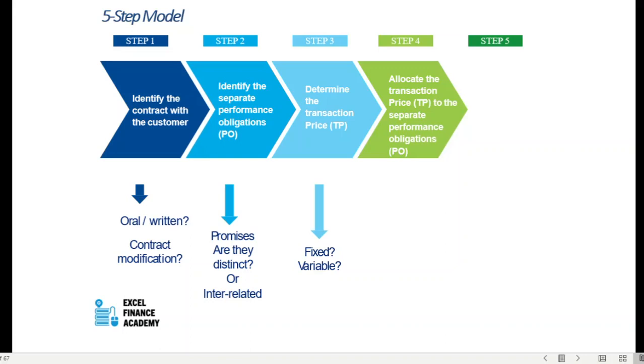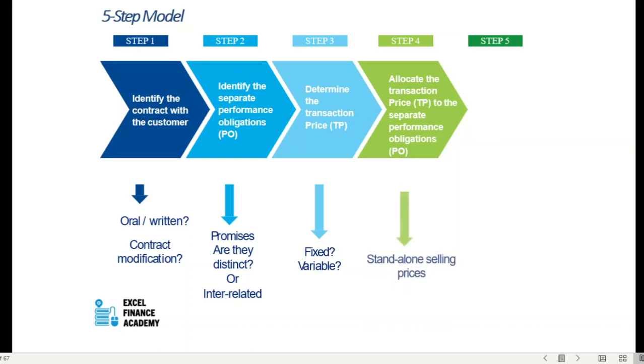Let me give you another example. In hotels, when you are selling rooms, you are selling food and beverage, you are selling other services. But most of the time, these 3 or 4 services are packaged together and sold as one price. So when you are disclosing your revenue by segment, the segmentation has to be correct, and the basis of that segmentation is the allocation of the transaction price into separate performance obligations.